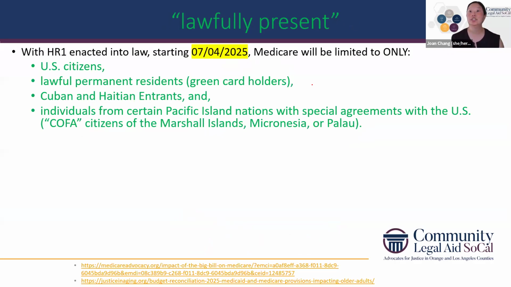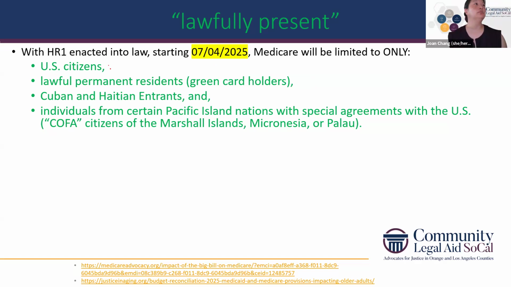There have been changes with HR 1, which they call the One Big Beautiful Bill, that was passed on July 4th this summer. Medicare will now be limited to only the following categories of immigrant populations.